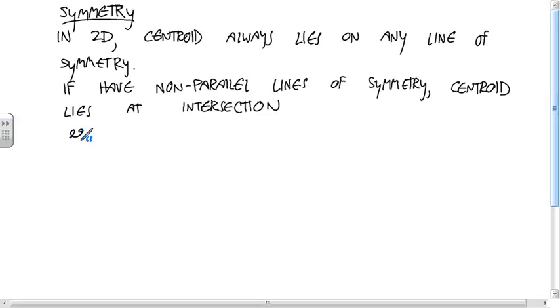Okay, so for example, a rectangle has a line of symmetry like this, and a line of symmetry like this, and so the centroid lies right at the middle.